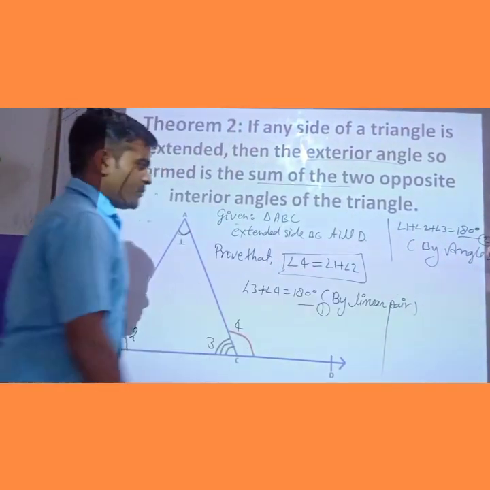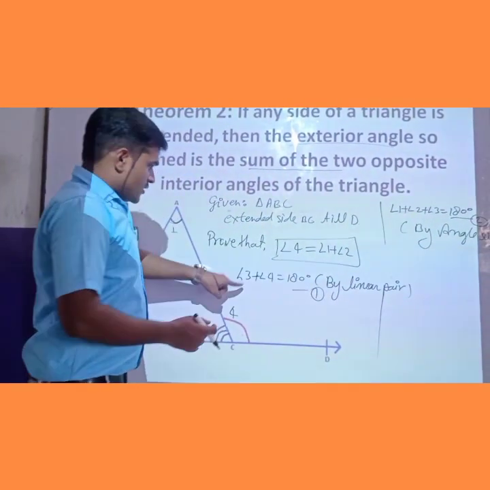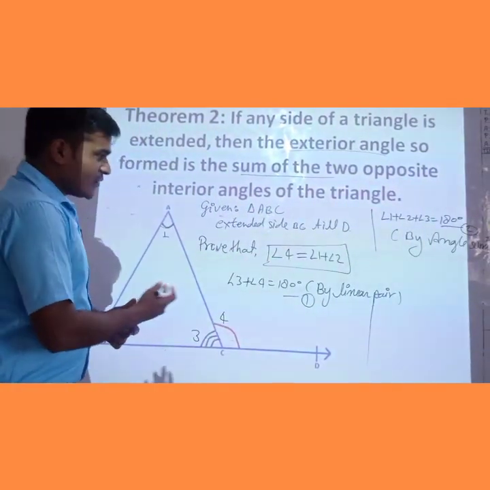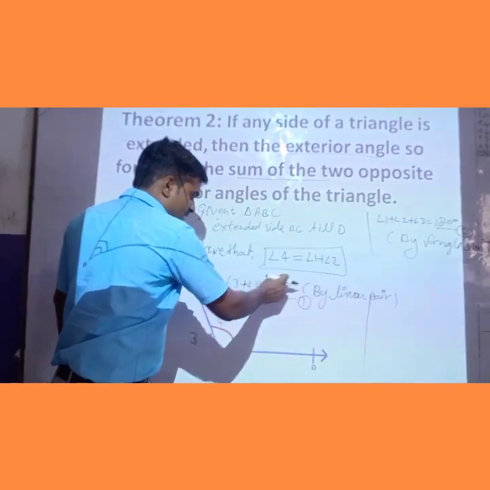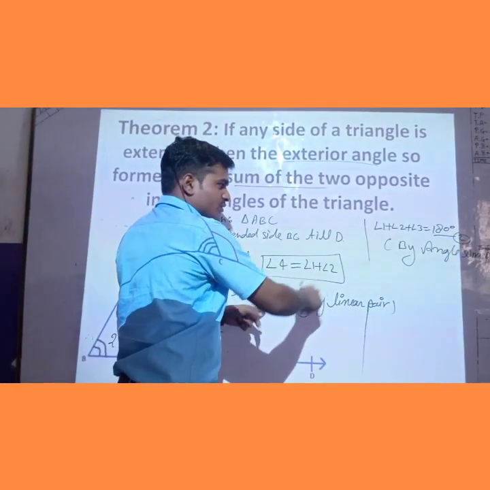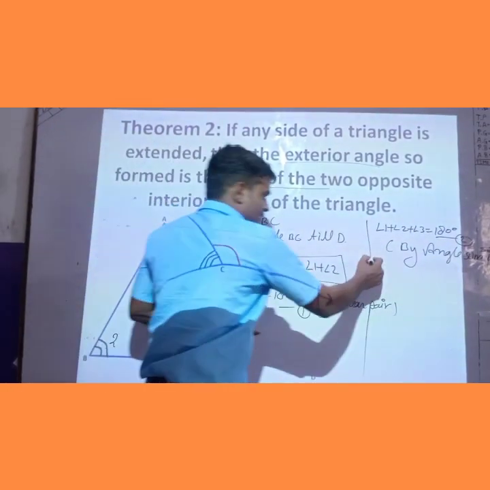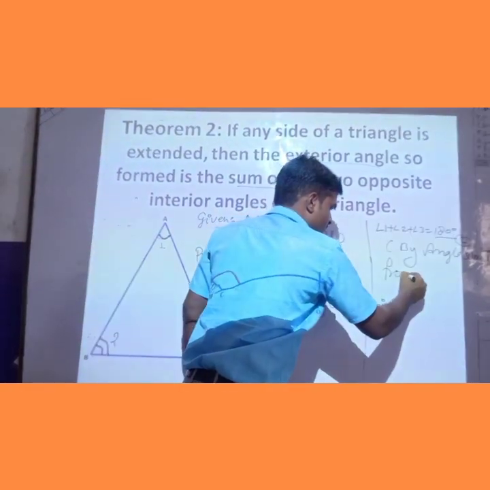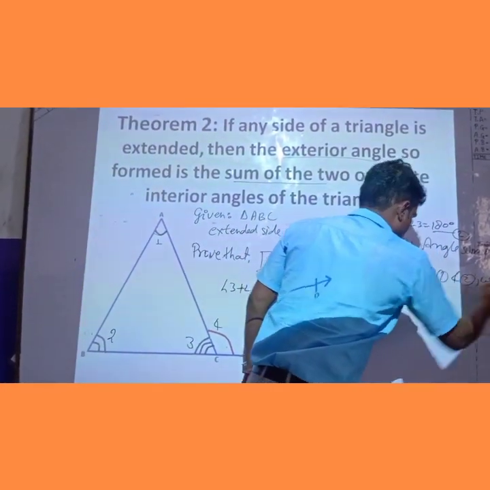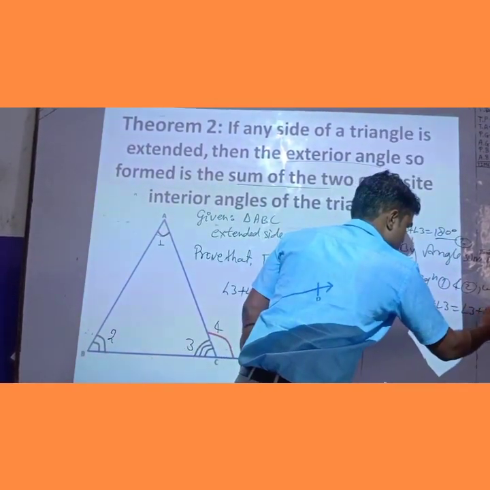So children, from equations 1 and 2, what can we write? We compare the right-hand sides of those equations, and they are equal: angle 1 plus angle 2 plus angle 3 is equal to 180 degrees, and angle 3 plus angle 4 is equal to 180 degrees. So from equations 1 and 2, angle 1 plus angle 2 plus angle 3 is equal to angle 3 plus angle 4.